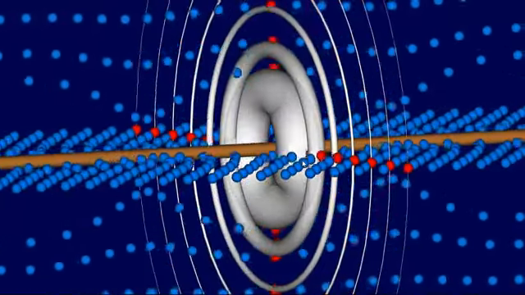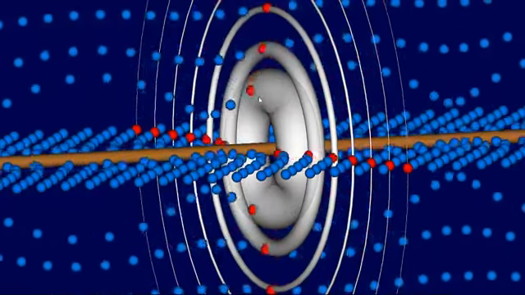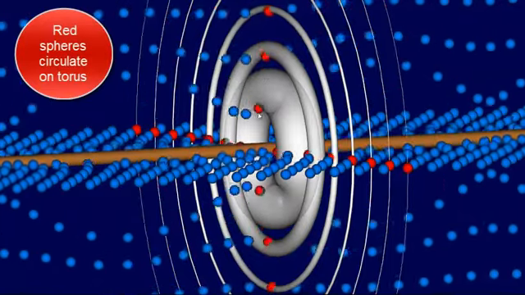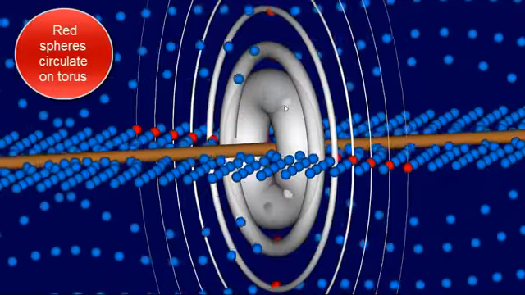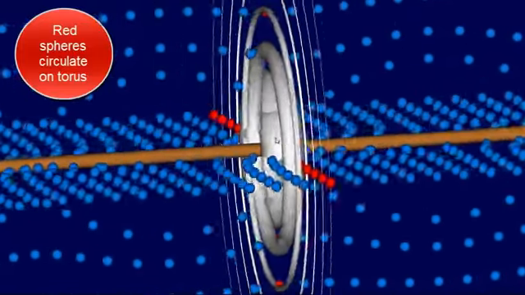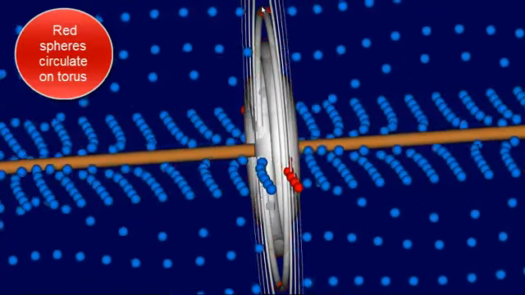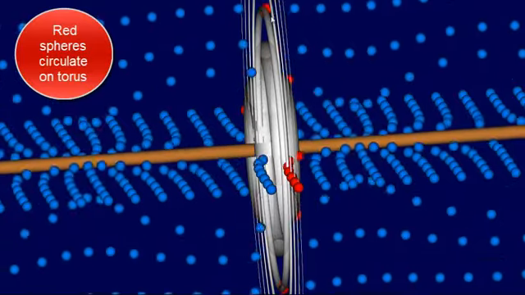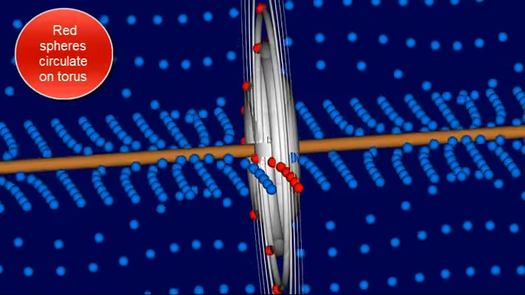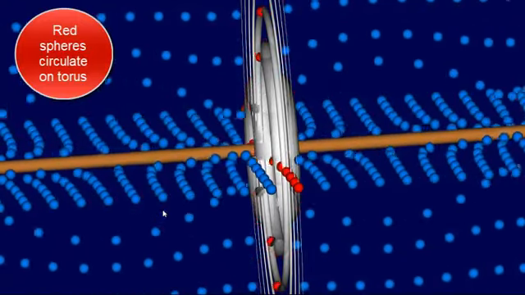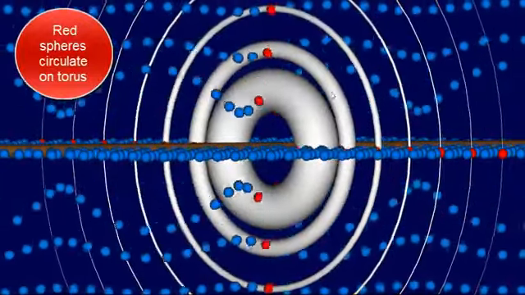The ether is circulating. The ether substance, these ether molecules, are doing circular motions on the torus. They're doing circular motion on the cross section of the torus. Of course I'm not showing all the molecules, I'm only showing a few of them, but you can imagine that this is going on all the way around the torus.